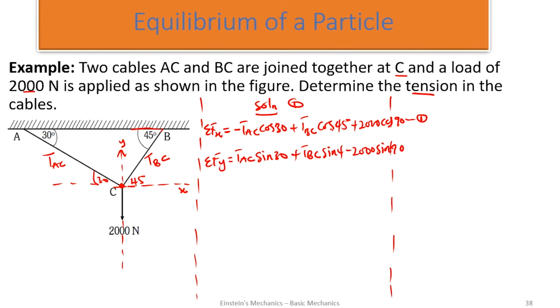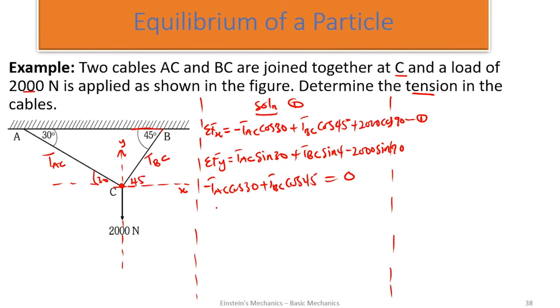So if we were to equate everything to 0, remember cos 90 here is 0, so it renders 0. So first equation, we get negative TAC cos 30 plus TBC cos 45 equal to 0. Summation of forces on the x for an equilibrium structure or particle is 0. The same thing happens here. Sine 90 is 1.